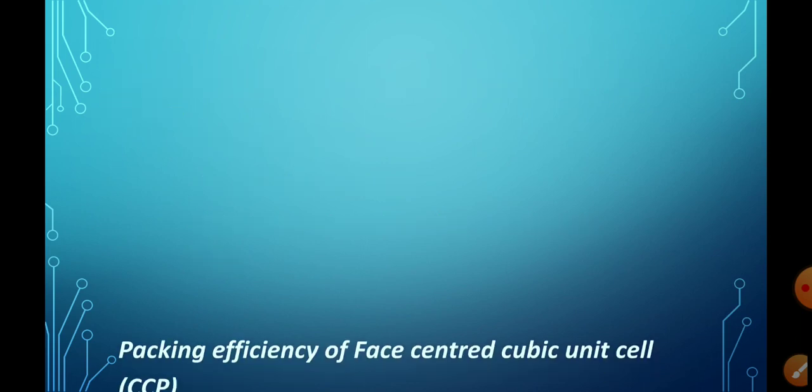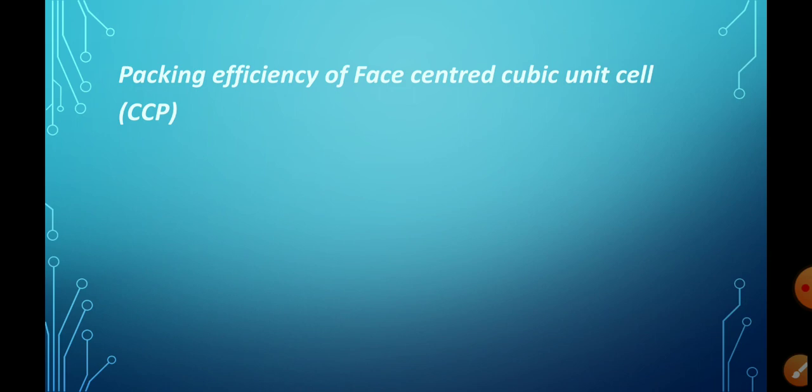In this video we discuss the packing efficiency of the face centered cubic unit cell. The face centered cubic unit cell is formed by cubic close packing. During the packing of the particles, the ABC type of arrangement is known as CCP, cubic close packing of the crystal.